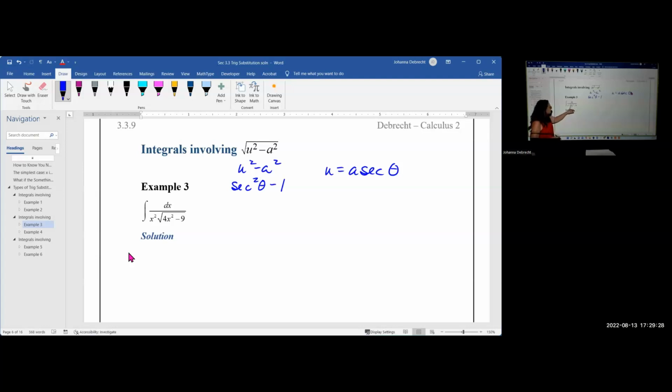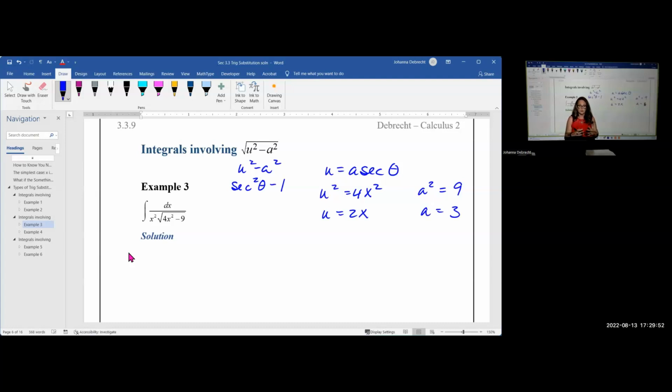Well, we've got the variable thing first being positive minus 9. So we need to build our patterns. We identify the pieces, and it looks to me like u squared is equal to 4x squared. Take the square root of each part, make it be the positive root. So u is 2x. And a squared is only the constant, 9. So a is equal to 3.